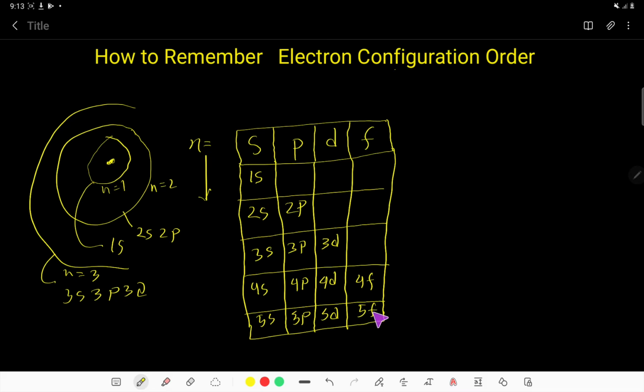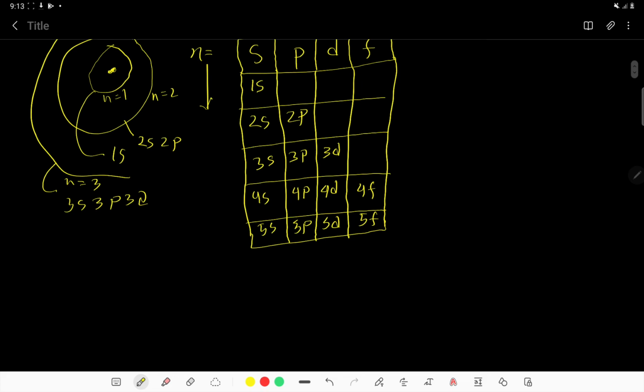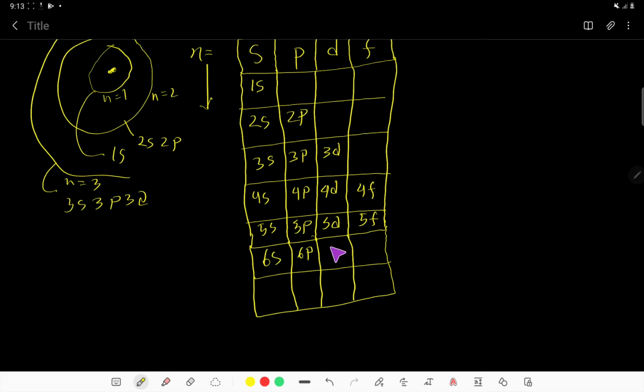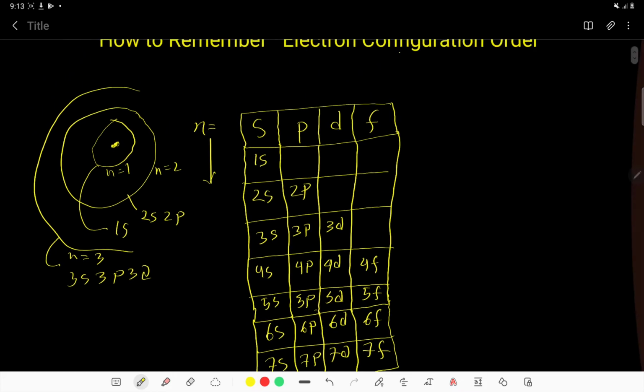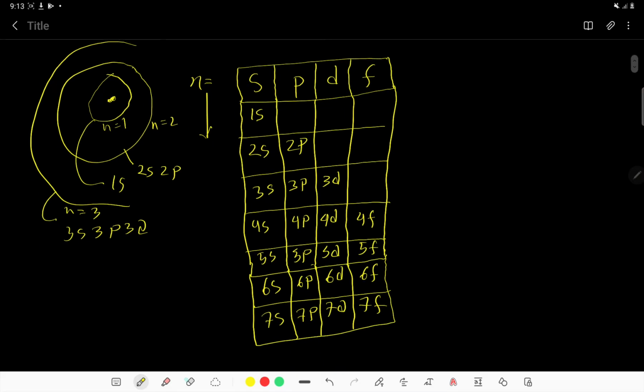We usually don't use the subshells after f. Then we can expand this according to our need. Here we can write 6s, 6p, then 6d, 6f, then 7s, 7p, 7d, 7f, right? Okay.